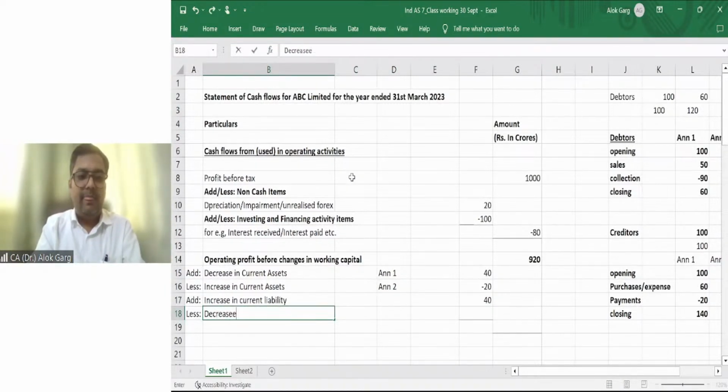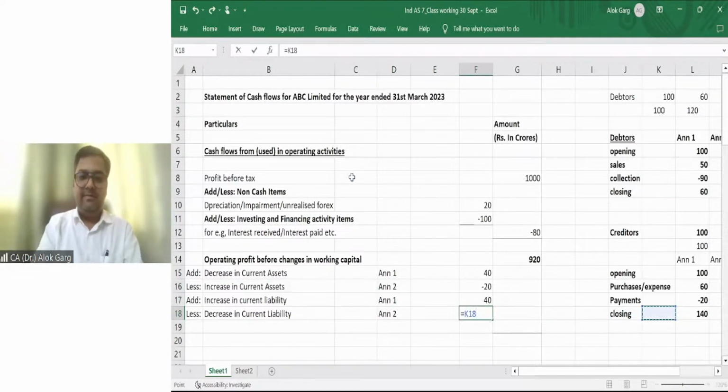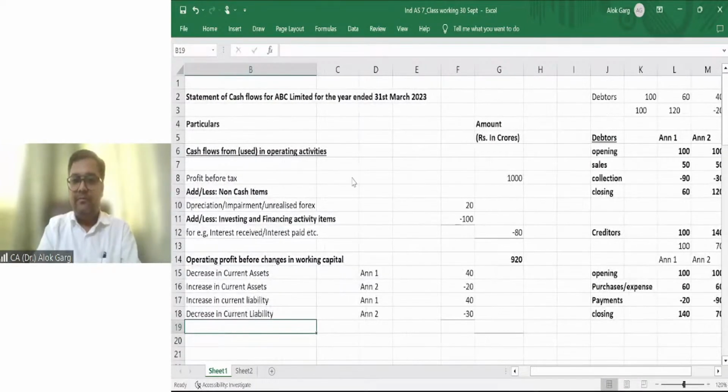Decrease in current liability, right? Again, annexure 1, annexure 2, and this decrease in current liability has to be deducted. Why deducted? I have given you the reason. Okay, is that clear? Very good. Very good, friends.